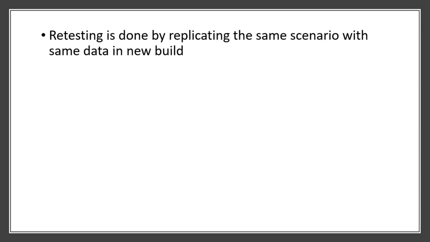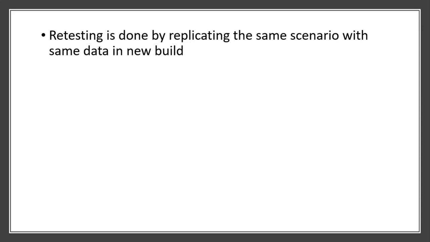Retesting is done by replicating the same scenario with the same set of data in a new build. So there is a slight difference. What it means here is that you are executing the same test case, the same scenario, with the same set of data, but with the new version or new build.